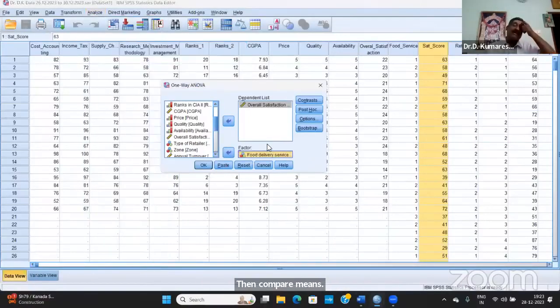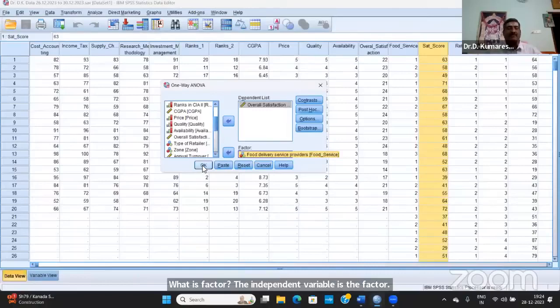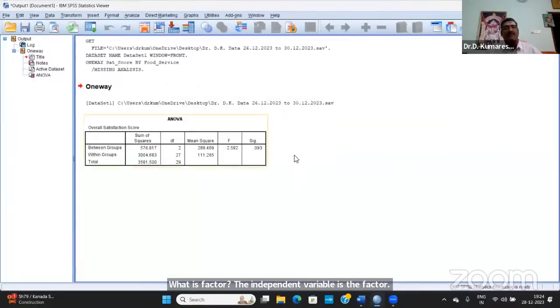In the one-way ANOVA, we have selected the overall satisfaction and we have brought it to the dependent list. What is factor? The independent variable is the factor. So you click on OK. That's all.